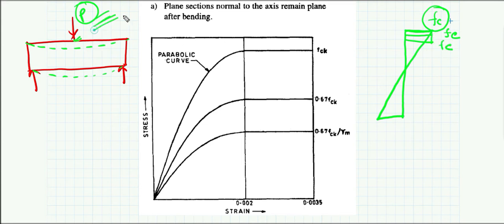You again increase P, and again the fiber below it will reach FC, and this is how it goes on up to the point when the fiber at the neutral axis will also reach the yield strength of concrete, FC.